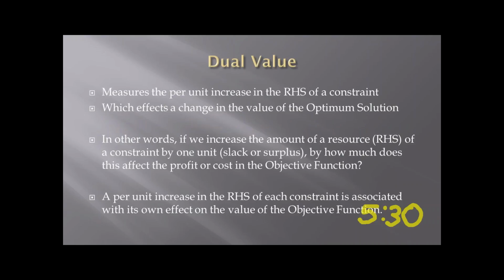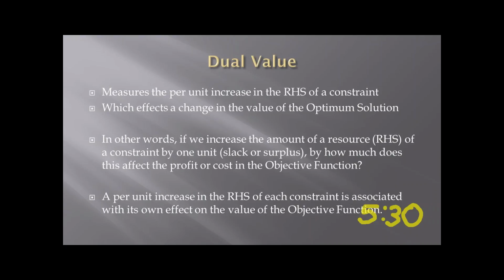So let's just start with chapter 3 and mention some dual values. What are dual values? That's a major concept from chapter 3. It measures the amount of increase per unit by increasing the resource on the right-hand side of the constraint by 1 unit.